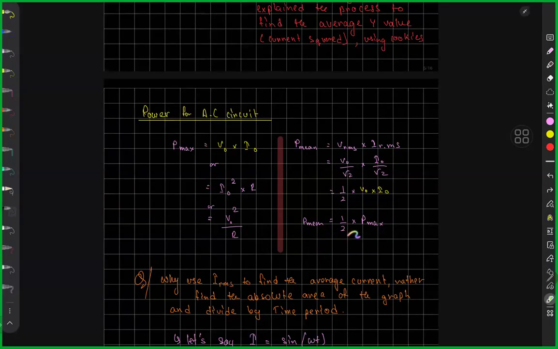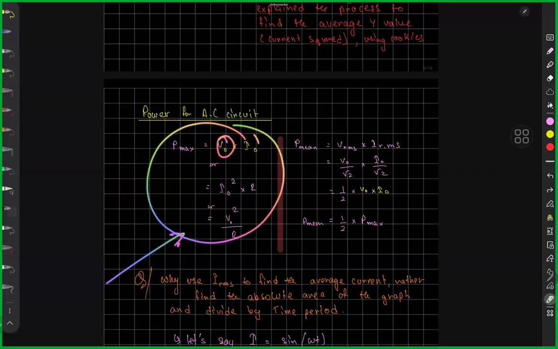So I will re-establish something right now. Towards the beginning of this section, I said power kind of varies, that is true, but we don't really say that. We say on average, there's a constant dissipation of power. The reason I said that is because you can technically say there's a maximum power in this circuit at a certain point when voltage is maximum and current is maximum.